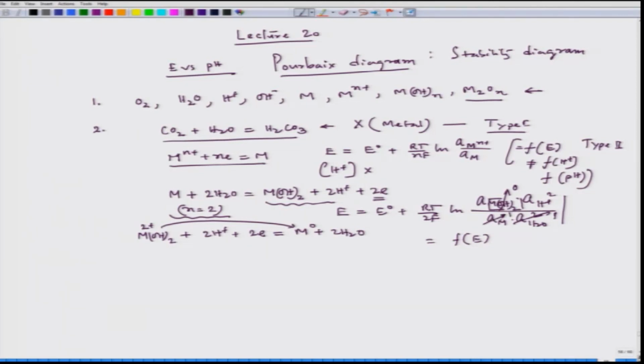Metal, of course, is pure and activity 1. So then this equation we can write in terms of E0 plus RT/2F ln activity of H plus.